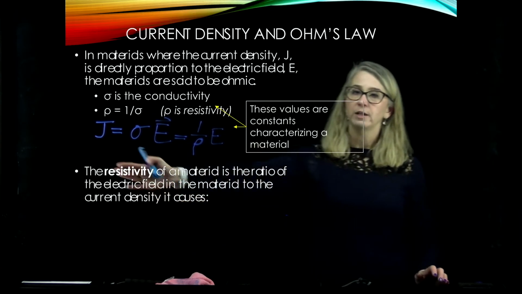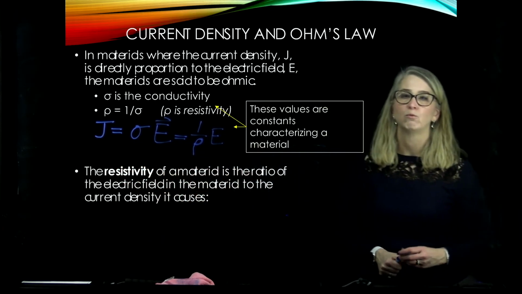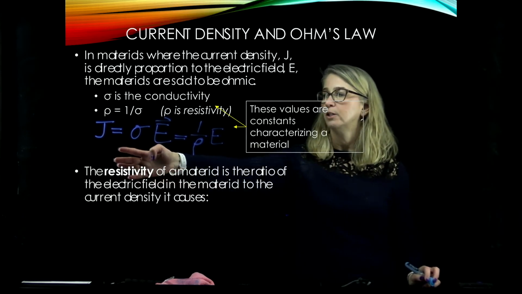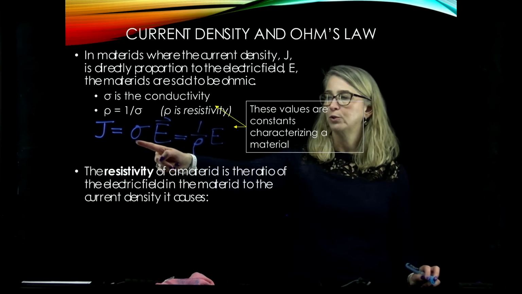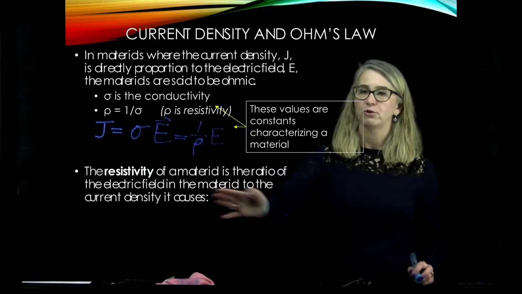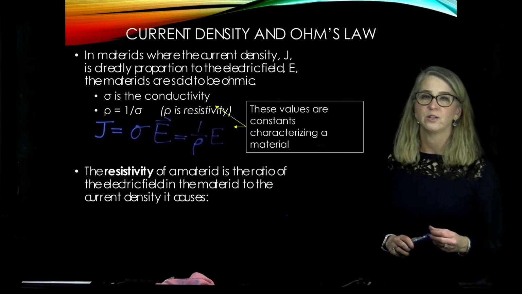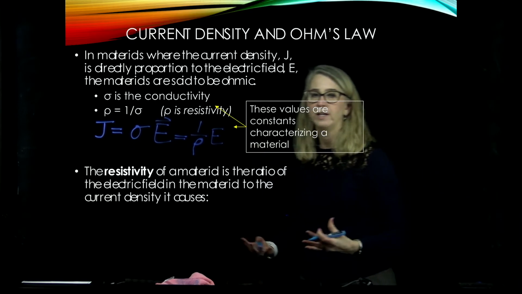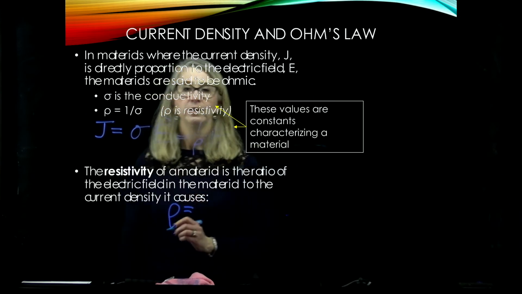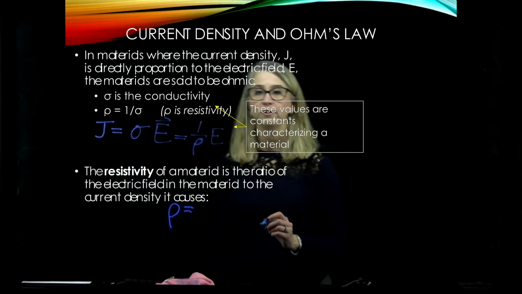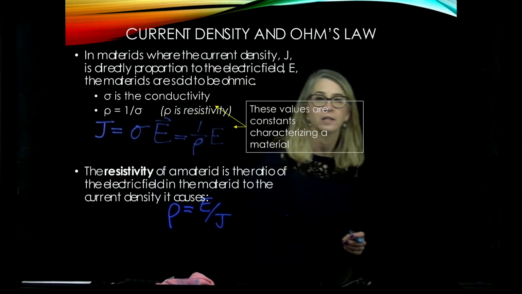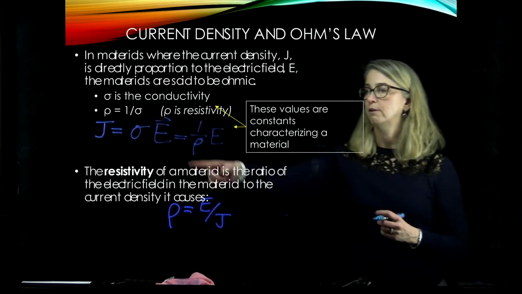So this is one way that we write Ohm's law: the current density is equal to the conductivity times the electric field, or we could say it's equal to the electric field over the resistivity. Another way to write it is that the resistivity is the ratio of the electric field to the current density, which is just rearranging this expression.